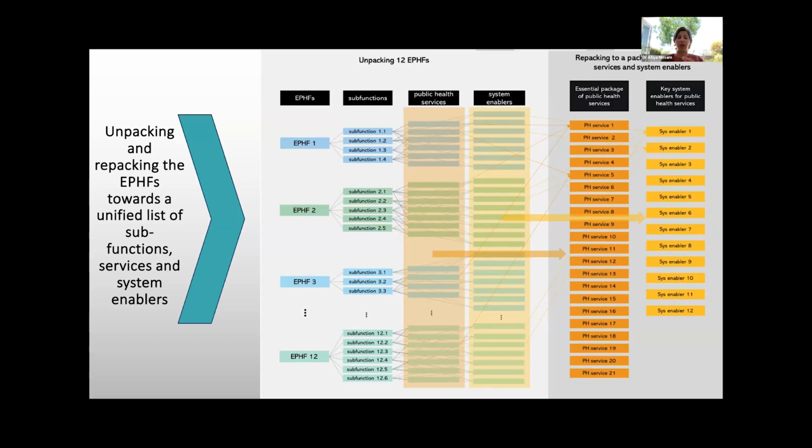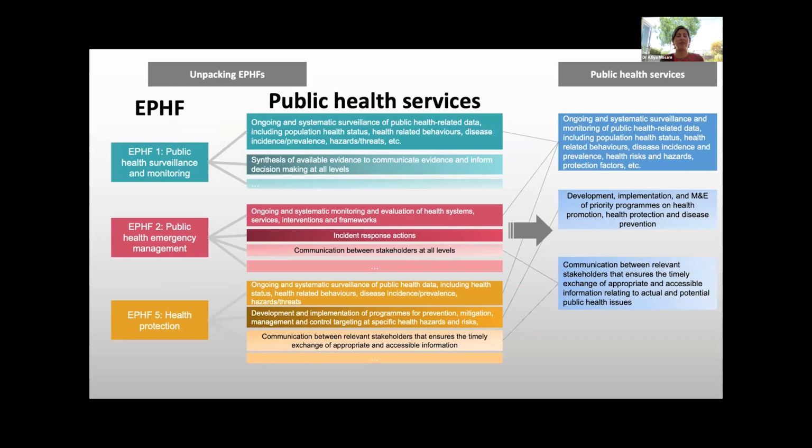So what does this look like practically? If you look on the left-hand side, you can see there are 3 EPHFs listed. The first is public health surveillance and monitoring, the second public health emergency management, and the third health protection. Within the center of the slide, you can see the public health services that were unpacked for each of these EPHFs.